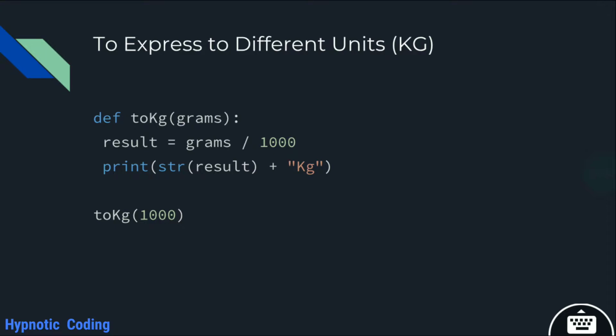We cannot concatenate integers with strings. So I first have to convert it to a string by using the function called str, and then we can concatenate strings to strings. Okay, so this is how to express two different units such as kg and gram.